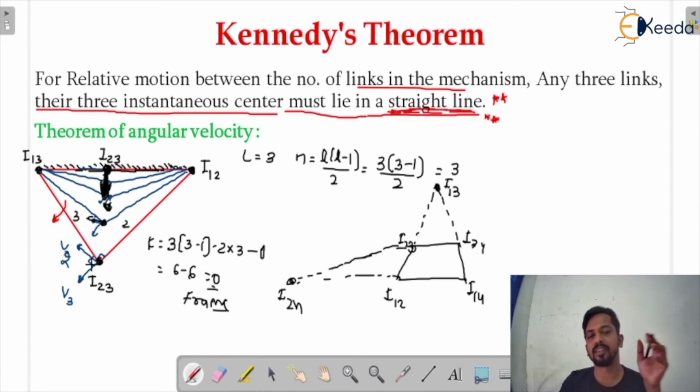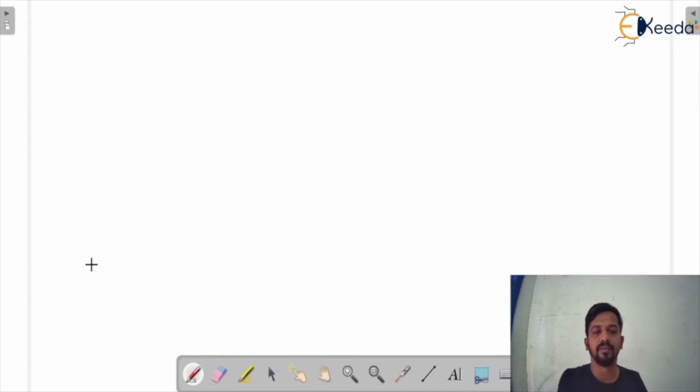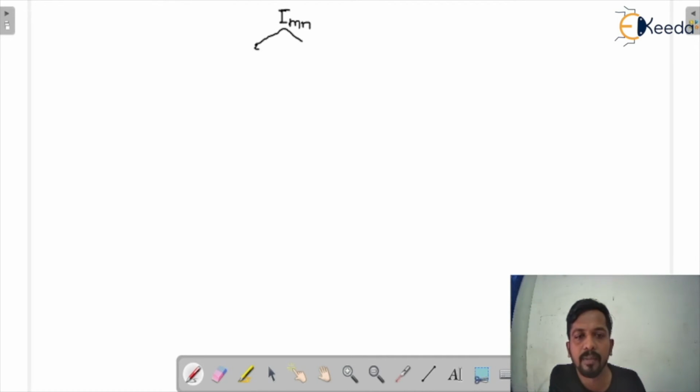Now we are going to discuss the theorem of angular velocity. Basically, this means finding the angular velocity using the instantaneous center method. I already told you, if I consider the instantaneous center IMN, this would be treated on the link M, and this can be treated on the link N. I showed you in the last diagram.